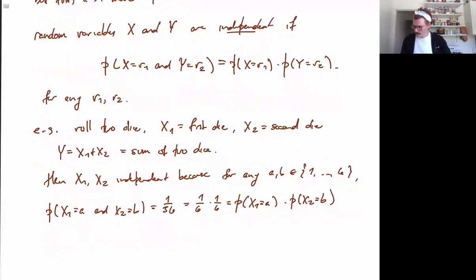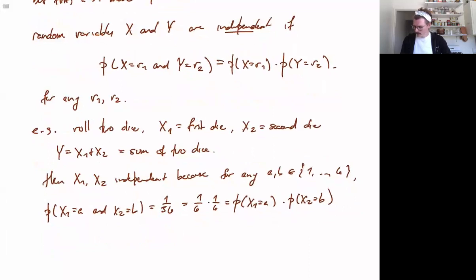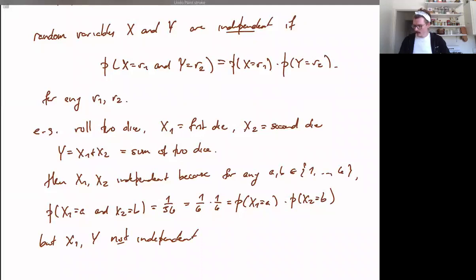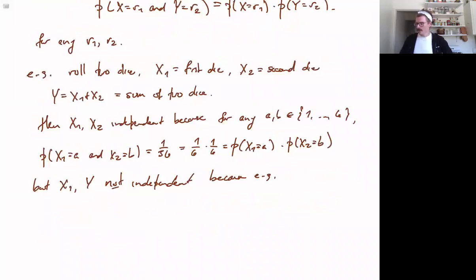But X1 and Y are not independent. So remember, X1 is the first die, and Y is the sum of both dice. And how can we see this? Well, we just need to choose two particular values where this product does not hold.